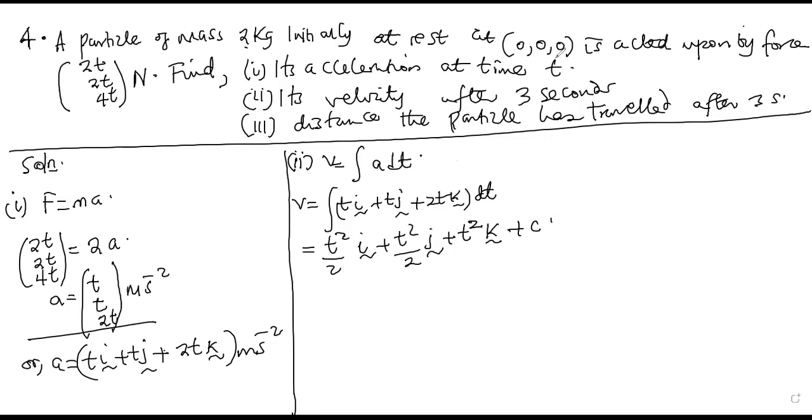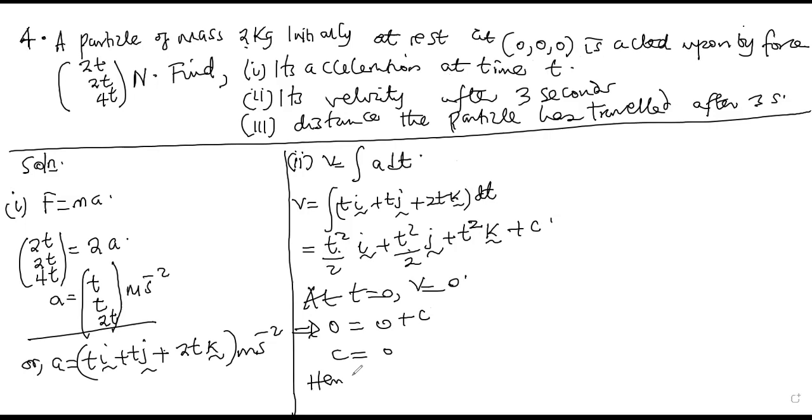But since it is initially at rest at 0, 0, it means that it is displaced at 0, 0, but it was not moving since it is at rest. So at time equals 0, velocity is 0. And when velocity is 0, it means 0 is equal to 0 plus c, implying that c is equal to 0.